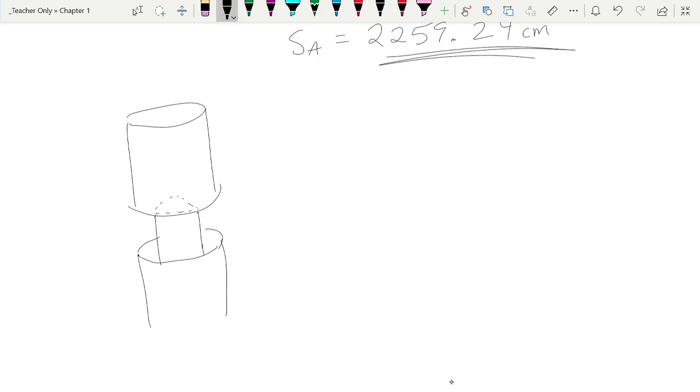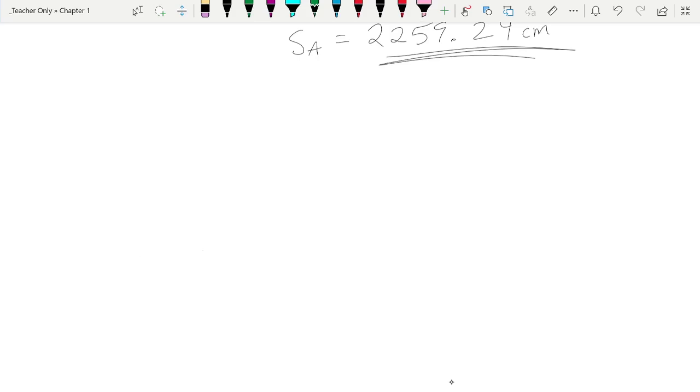And boy, did I ever draw that terribly. Can I start that over? Yeah. Let me try that again. Suppose I took a cylinder on top of another cylinder on top of another cylinder.